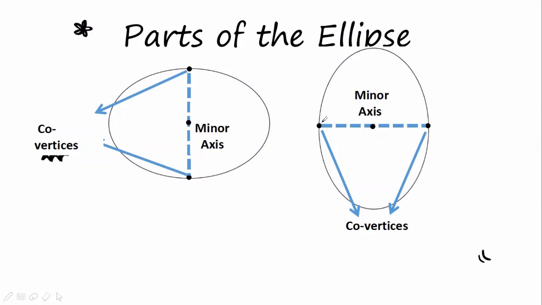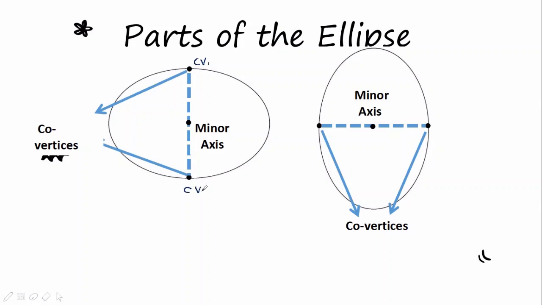The major axis is the longest chord that passes through the foci and center of our ellipse, while the minor axis is shorter than the major axis. And as you can see, it only passes through the center. Then the end points of our minor axis are known as covertex 1 and covertex 2.